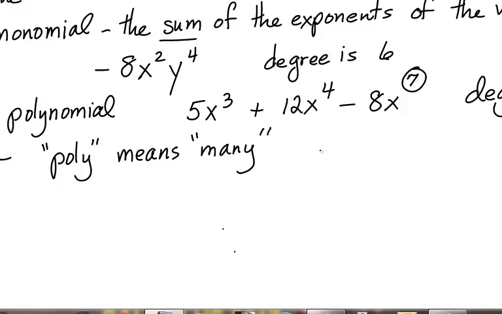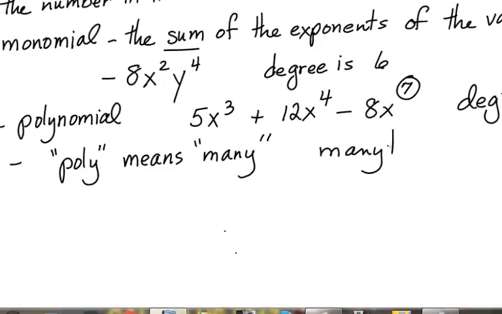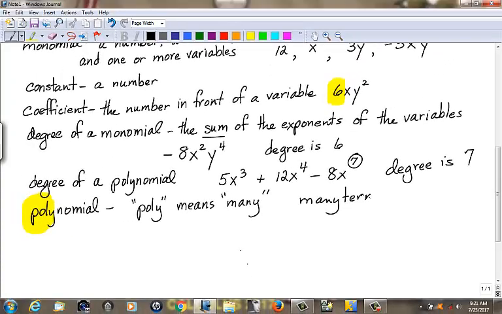So polynomial means many terms. And they can be added or subtracted together. Okay, that's why this would be considered a polynomial. It's got many terms added together or subtracted.